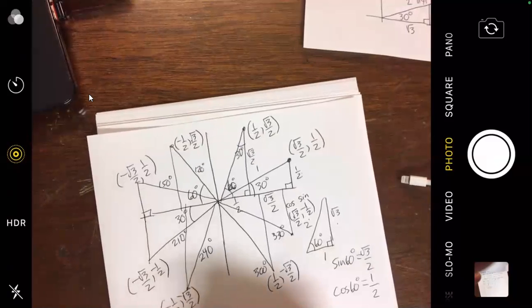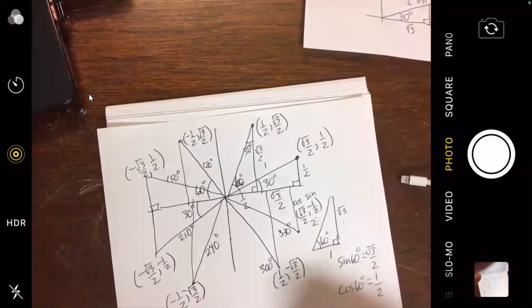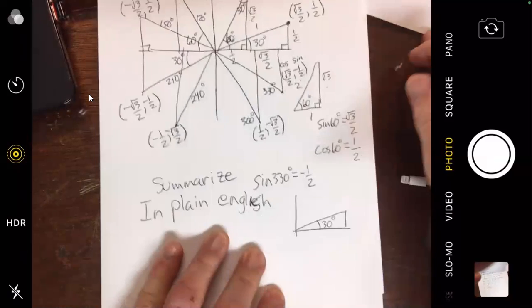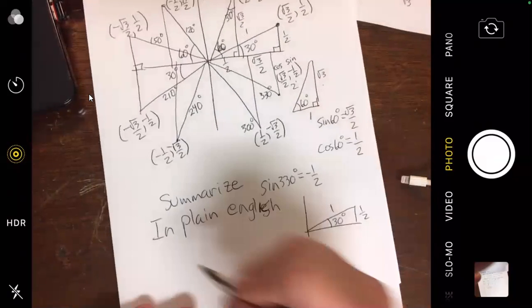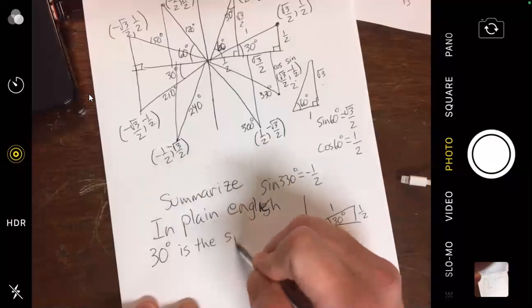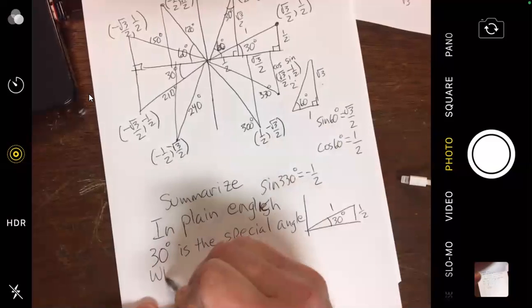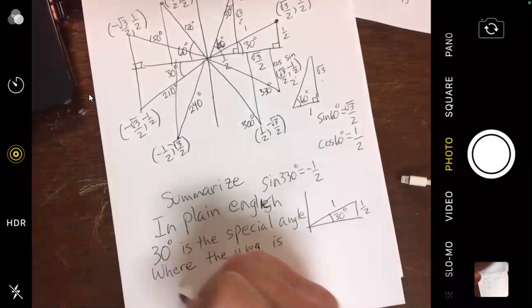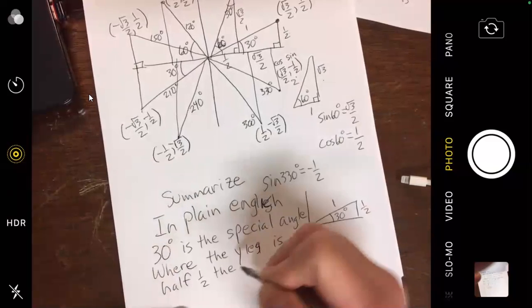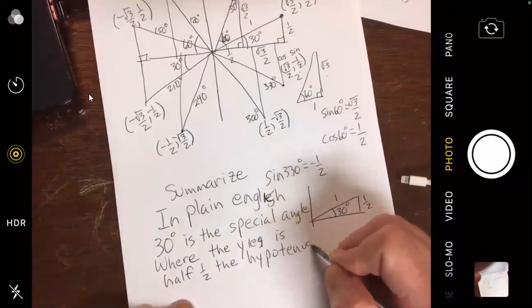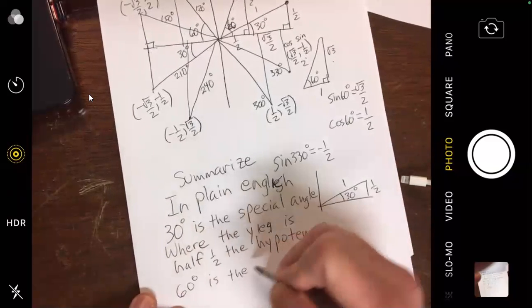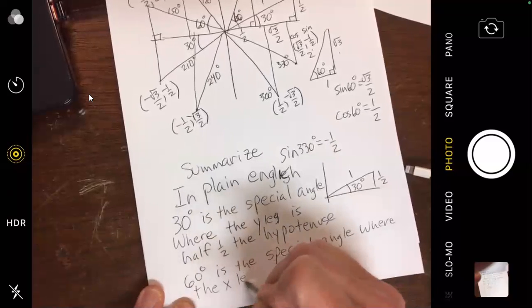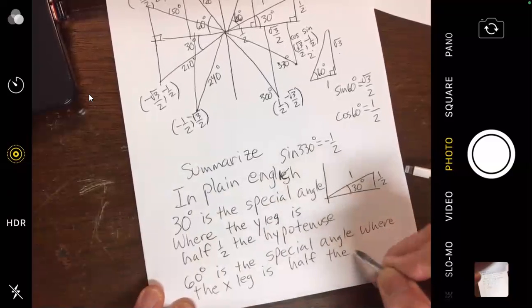Just to summarize this in plain English, I'll draw out the 30-degree angle again. 30 degrees, that's 1/2, that's 1. 30 degrees is the special angle where the Y leg is 1/2 the hypotenuse. 60 degrees is the special angle where the X leg is 1/2 the hypotenuse.